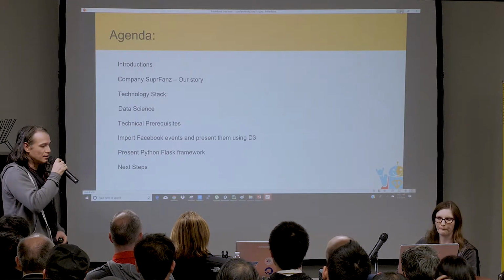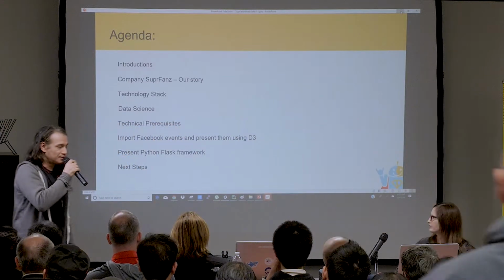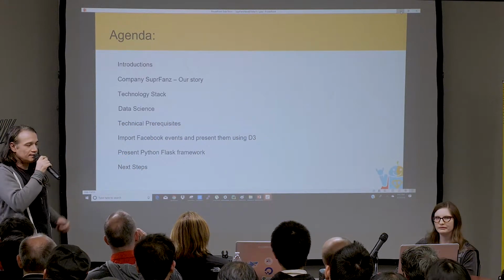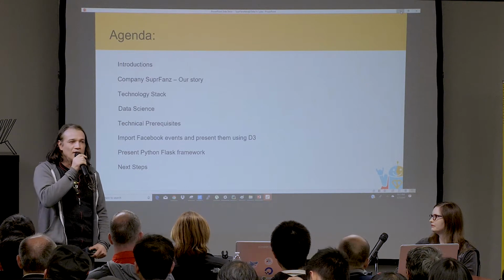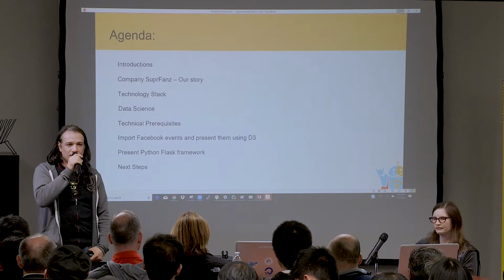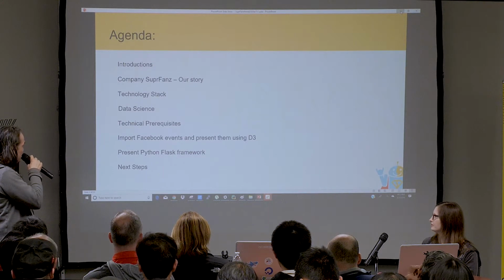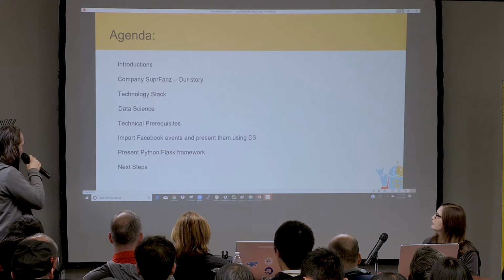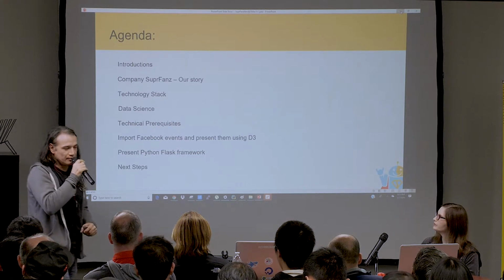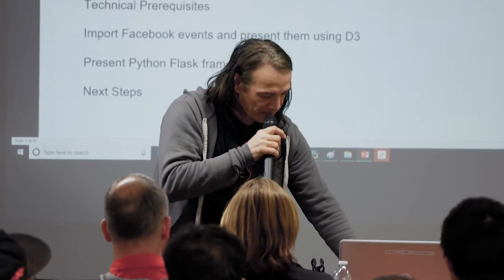We're going to go through introductions, company story, the technology stack, why data science is important to us, some of the technical prerequisites for our open source project that we have on GitHub. And then we're going to actually review that project by importing some events and then presenting that using D3 technology. We're going to present that information over Flask, which is a Python micro framework.